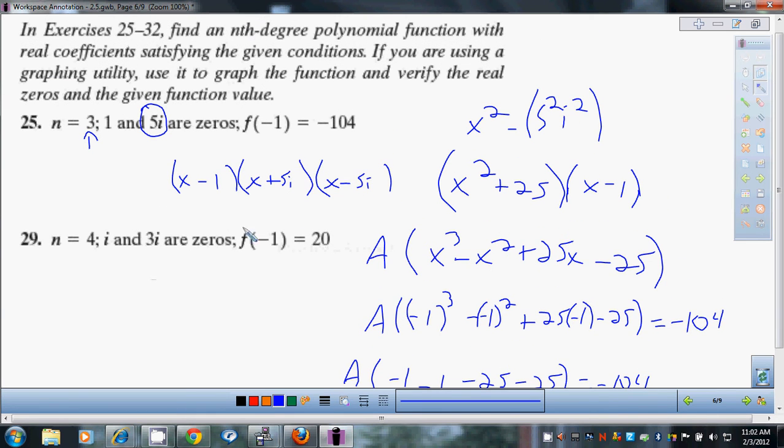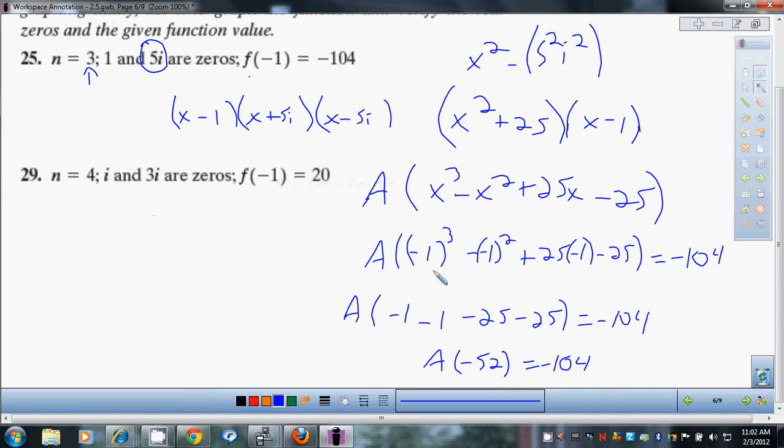That is just kind of the process you do right here. It doesn't matter if you use a, I just chose that. But we're looking for whatever this number could have been. So a was 2. So I'm going to come back and plug that in right there. So that's 2x cubed minus x squared plus 25x minus 25.